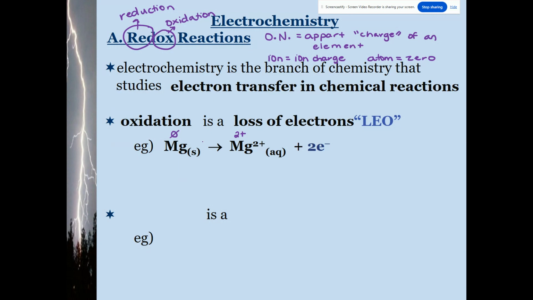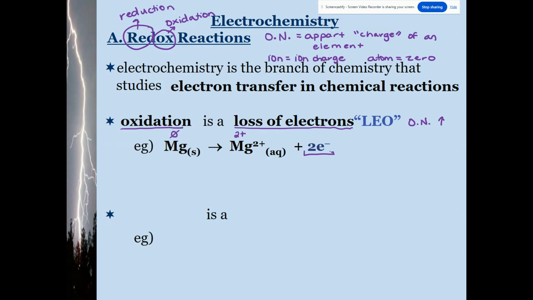So notice what's happened to the oxidation number, the ion charge. It has increased. So when the oxidation number or the ion charge of a species increases, you have an oxidation half reaction, which is known as a loss of electrons. Now, how do we show something is losing electrons?